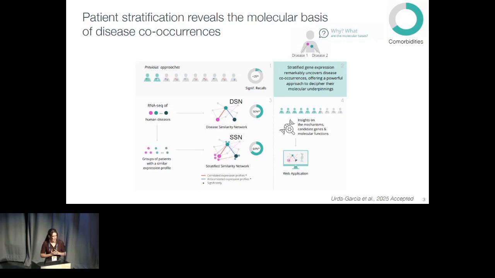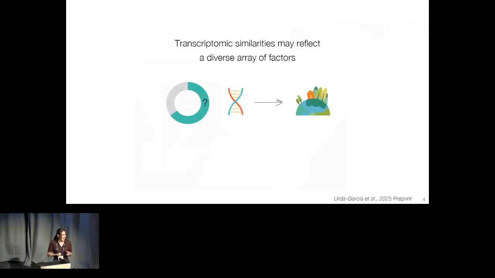Everything is available in a web application that we implemented in which you can inspect diseases, their interrelations, and the molecular mechanisms underlying those. So as often happens, I think for most of you also, papers lead to other questions.